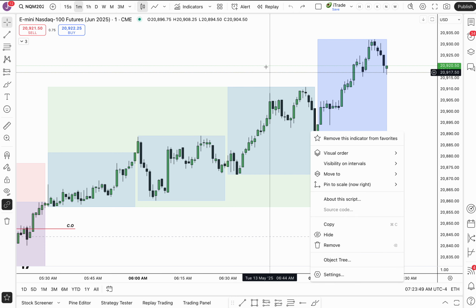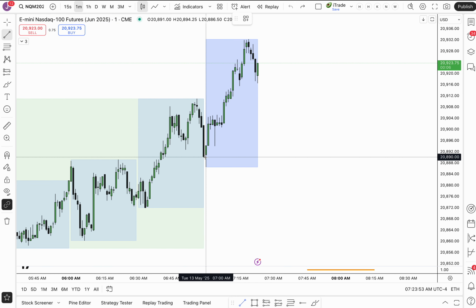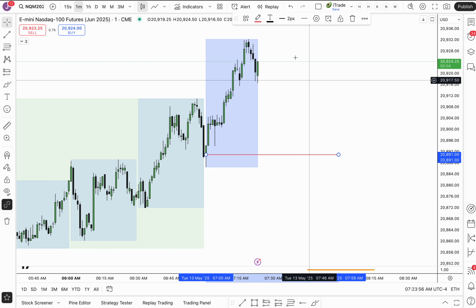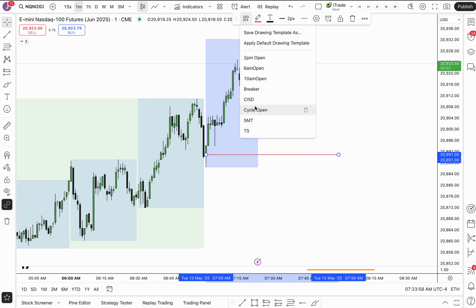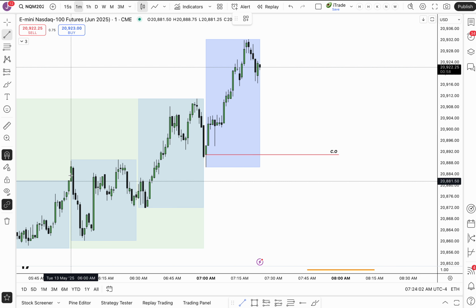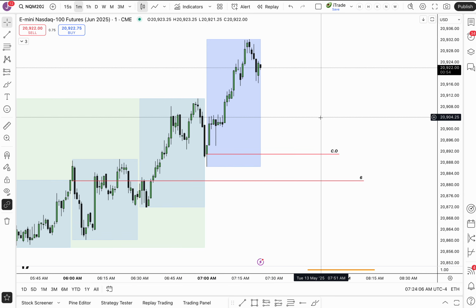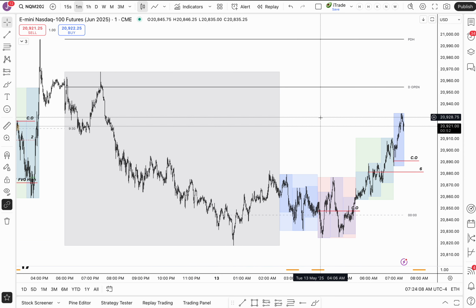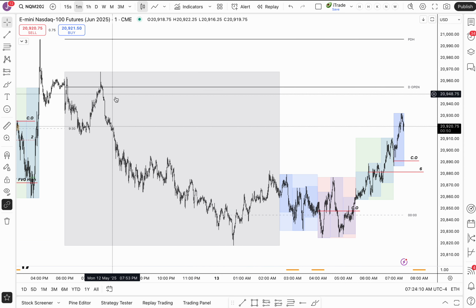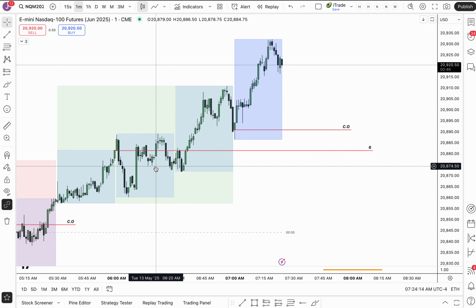So now for current price, we have the cycle open here, which is also above 6 a.m. open. But, you know, we are in what looks like to be a buy model as of now.